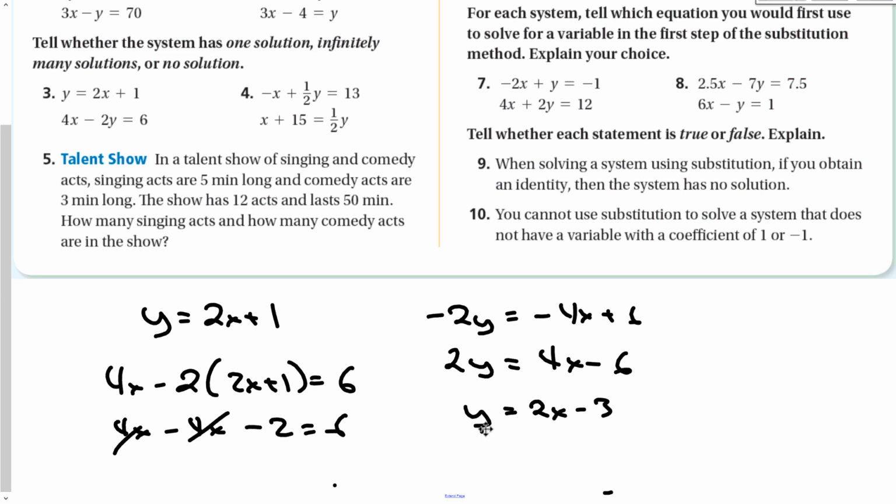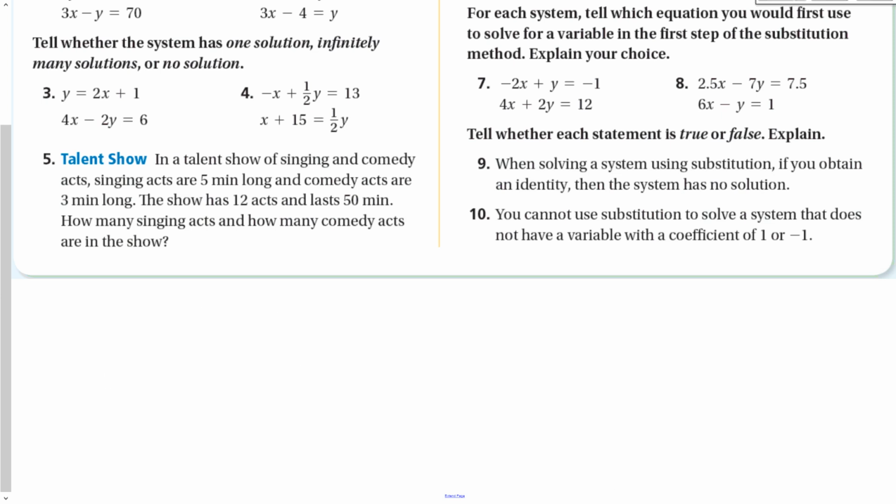Y is by itself, y is by itself. 2x minus 3 plus 1. These lines have the same slope, but different intercepts. They are parallel. Right? Same slope, same intercept, same line; different slopes, we are going to get one answer. Okay. Number 4, if you want to work that out, is going to be no solution as well.